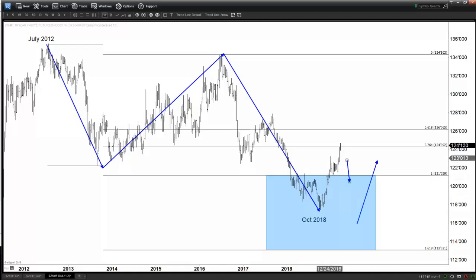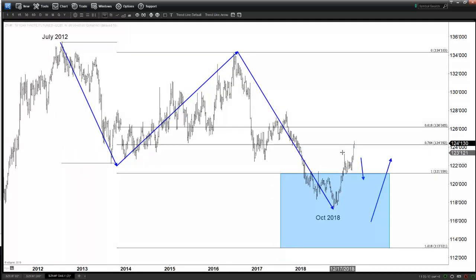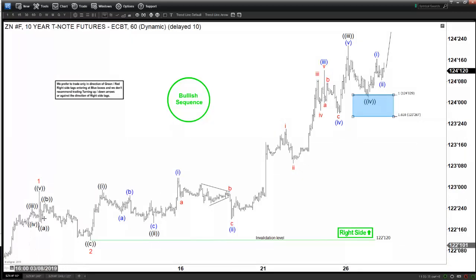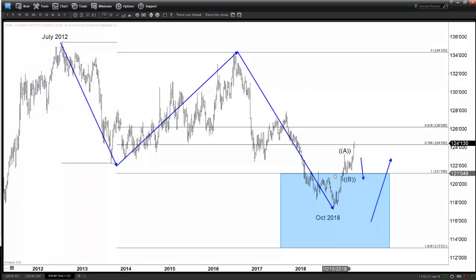So this looks impulsive, and we can label this either a 1-2 or an A and B. For conservative purposes, let's say this is an A and this is a B. What this is telling us is that we are currently in the C leg, which should be an impulse and should subdivide into 5 waves. So this is 1 2, and now we are in the big wave 3 of C.